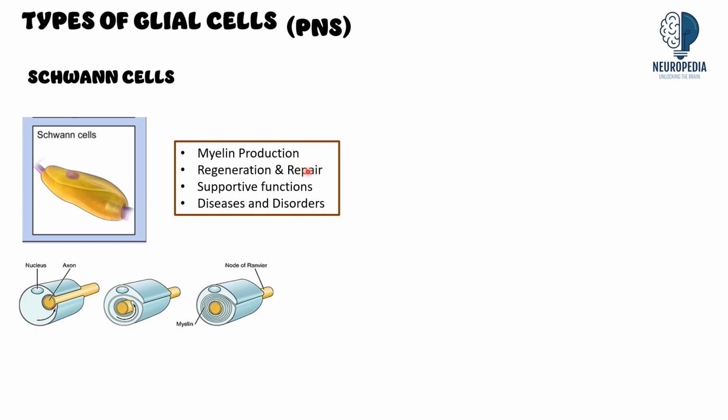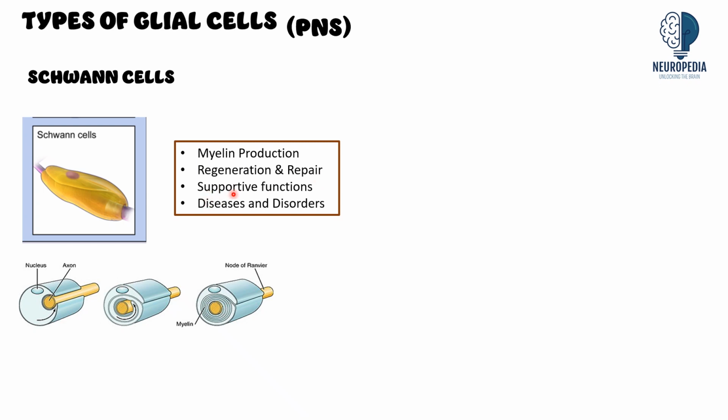This myelin sheath acts as an insulating layer, allowing for rapid conduction of nerve impulses along the axons. They are also involved in regeneration and repair in the peripheral nervous system after injury. They play a role in clearing debris, providing structural support and promoting axon regrowth.